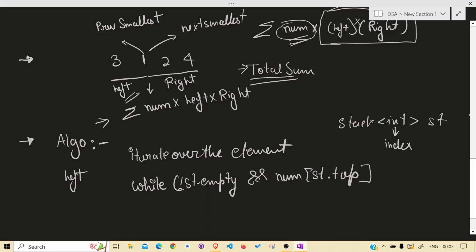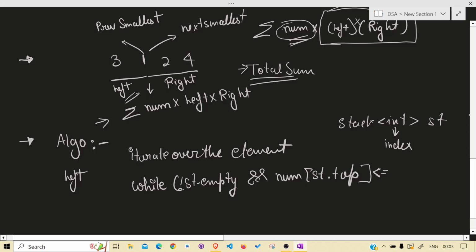Whenever the stack top is less than nums[i], just pop it.